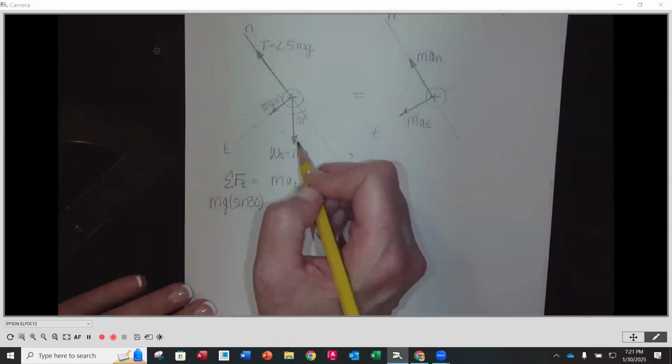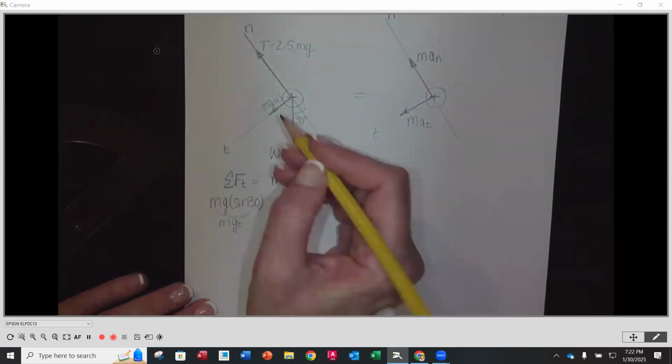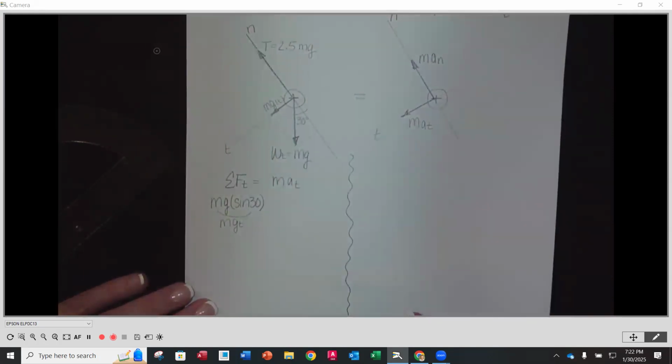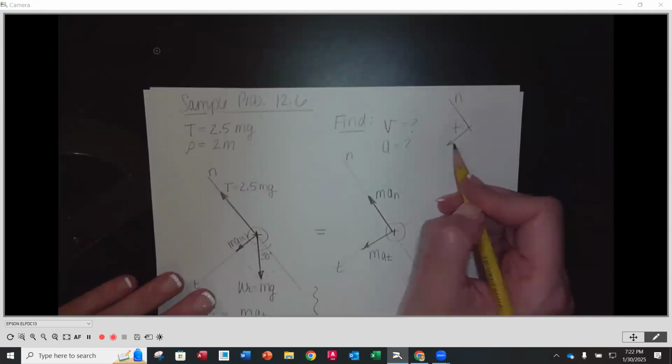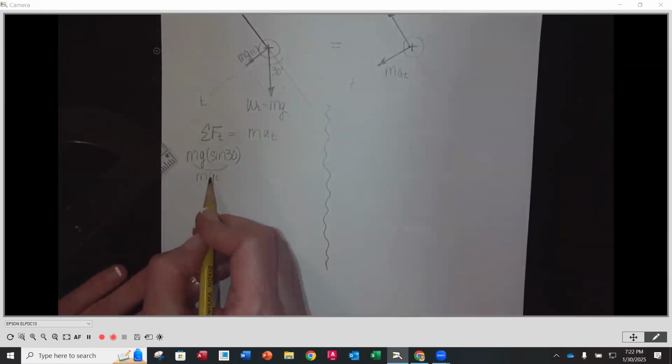It's expanded out, and we're just trying to find the t component, and that would be equal to mgt. Now this is pointing down and to the left, and according to our convention, that's the positive direction. So we're going to leave that as a positive value.